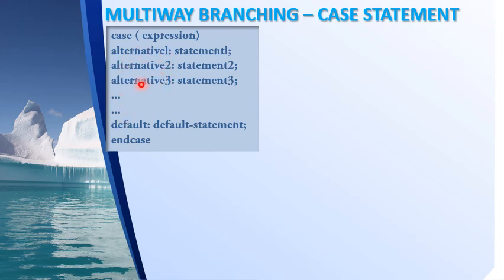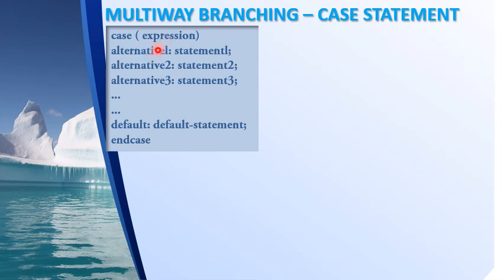So this is equivalent to checking different conditions, that is, in the if else if statement. What we have is, if condition 1 is true, then the set of statements is to be executed. Else if condition 2, else if condition 3, you have like that. So here the same thing is done in this way, that is, we specify alternative 1.